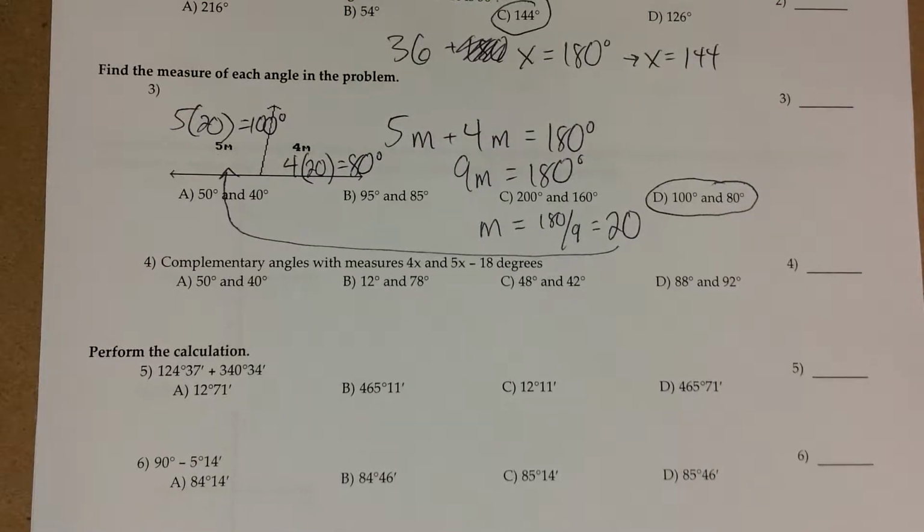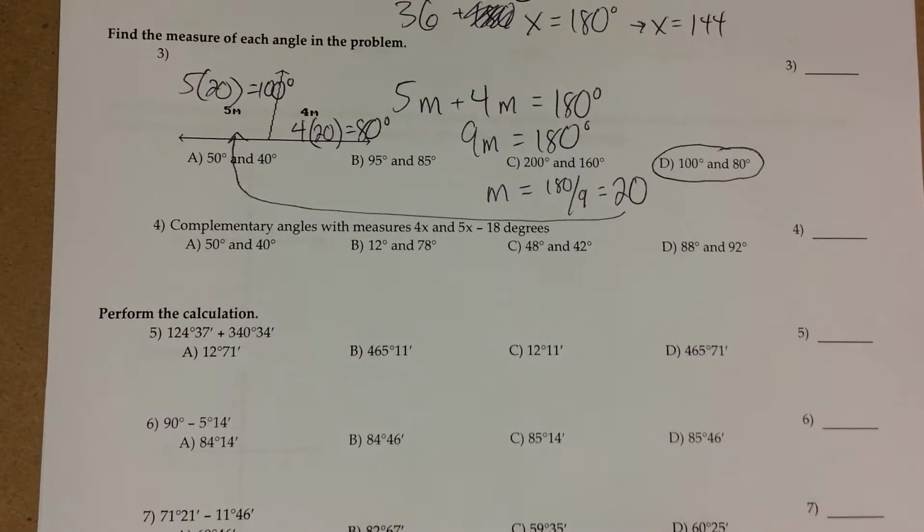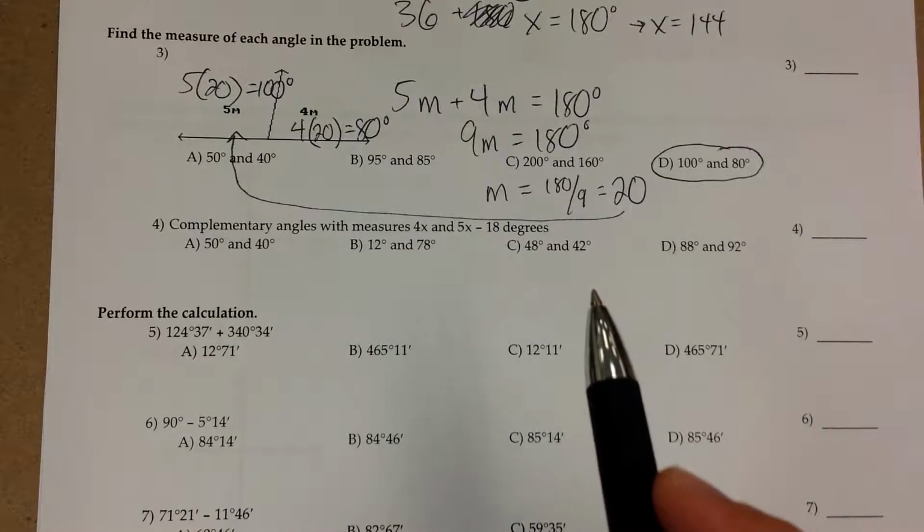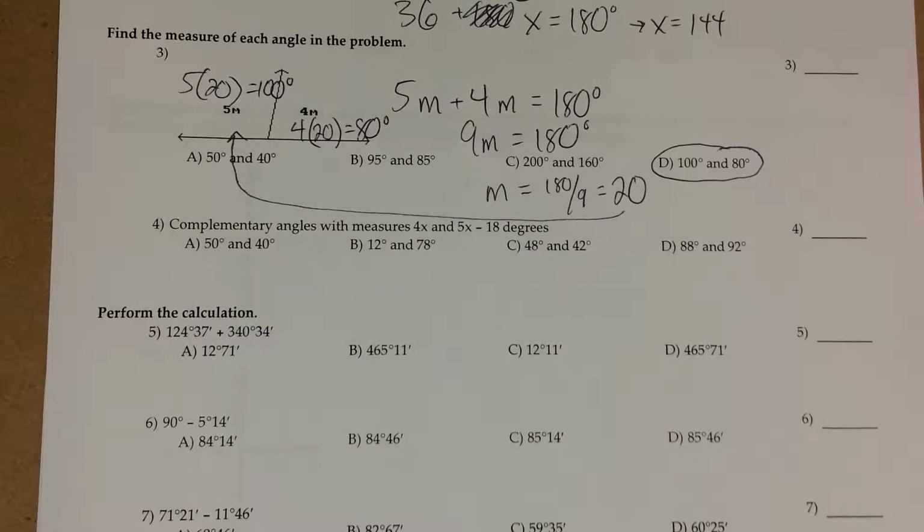And Dan, could you help me solve number 4? All right, so tell me what you know about complementary angles. They add up to 90 degrees. So like Val did in number 3, you can set up an equation.